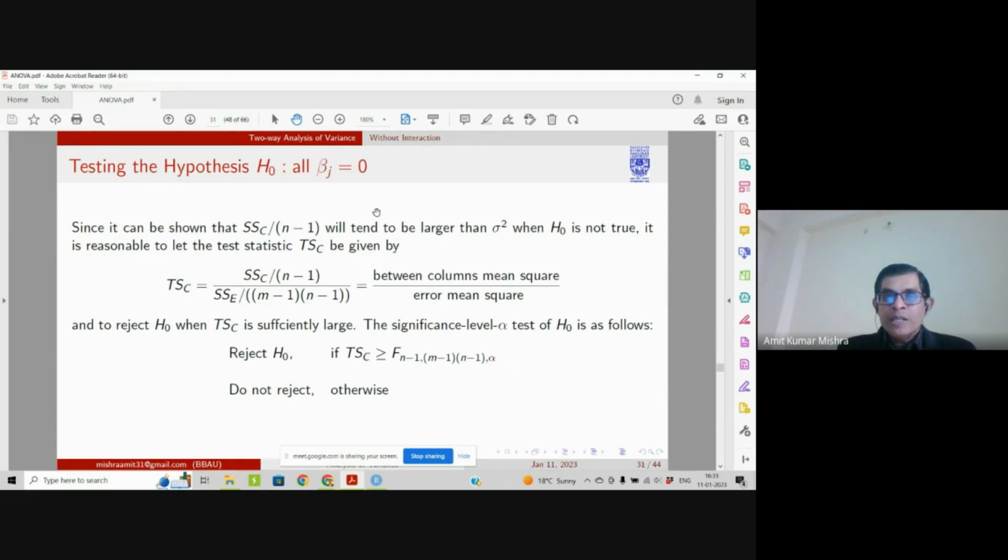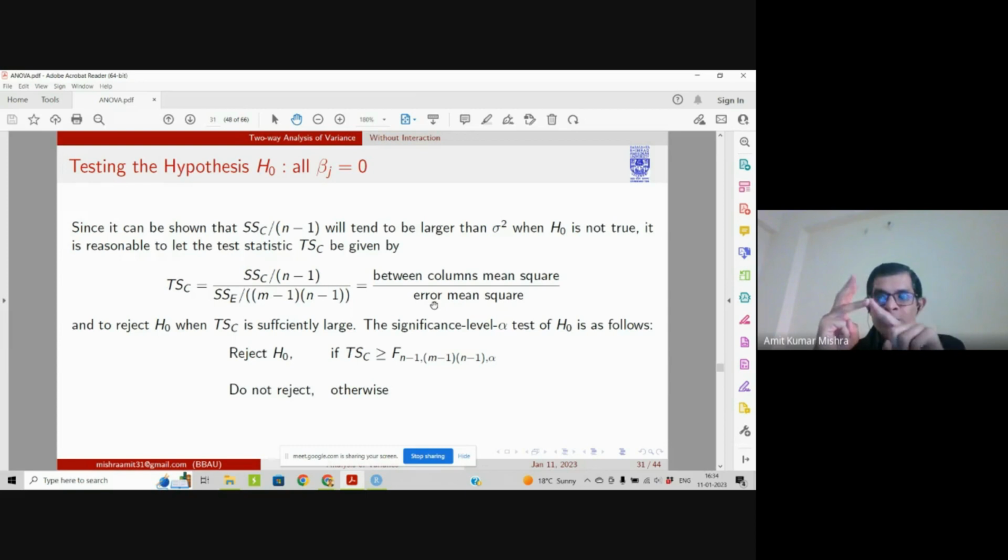Now in the second, you just change the numerator. Now the numerator becomes SSC divided by n minus 1, that means between column mean square, and you divide it by error mean square. Now see, we have three estimators. The first estimator is based upon the row factor, the second on the column factor, and the third on error. The third estimator will always estimate sigma square well.